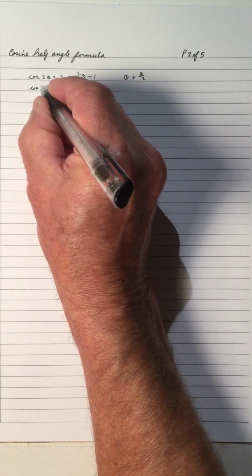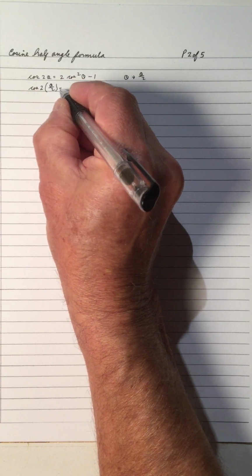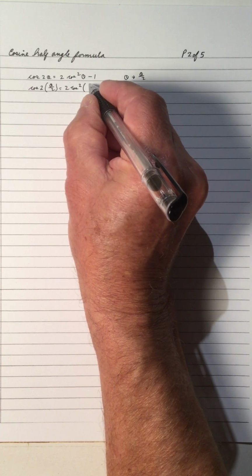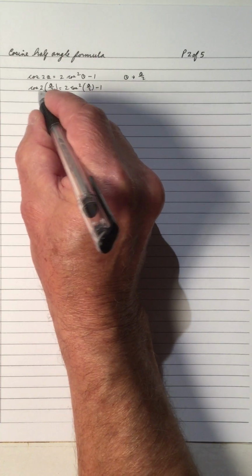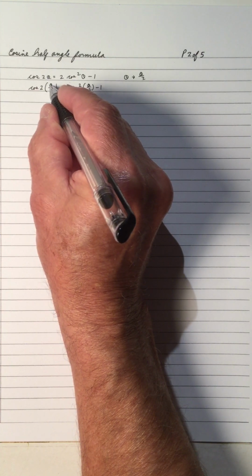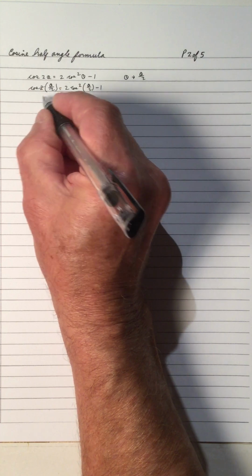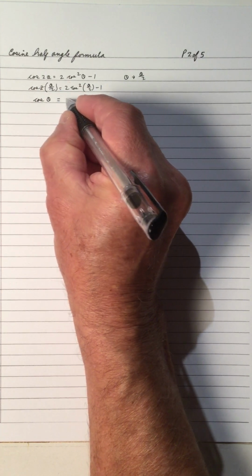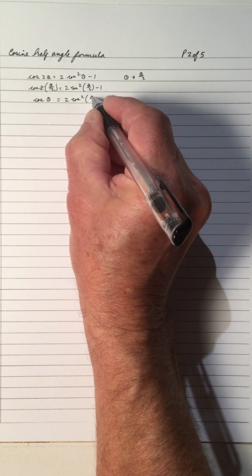So cos of 2 times theta over 2 equals 2 cos squared theta over 2 minus 1. The 2's cancel, and I get cos theta. And the right side doesn't change.